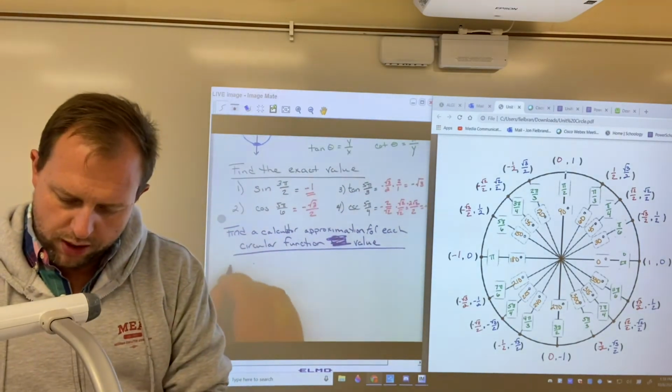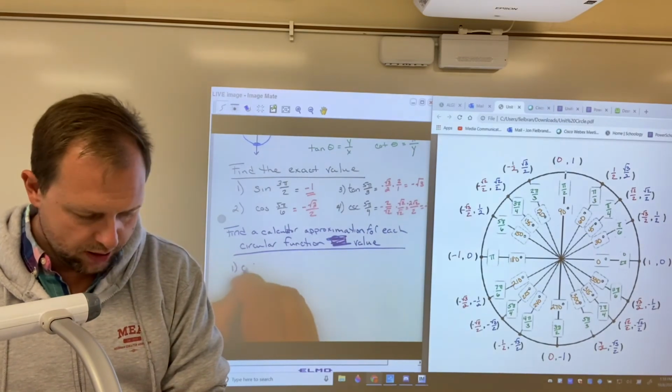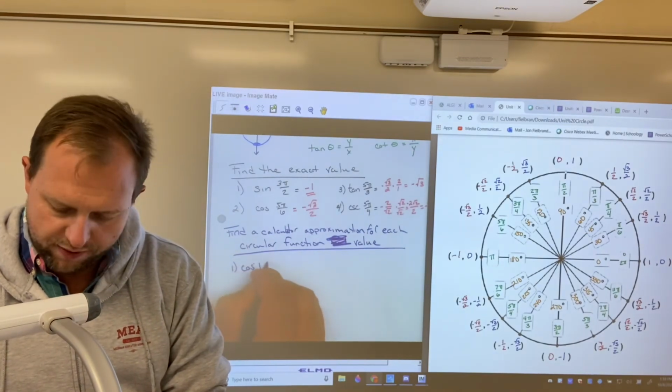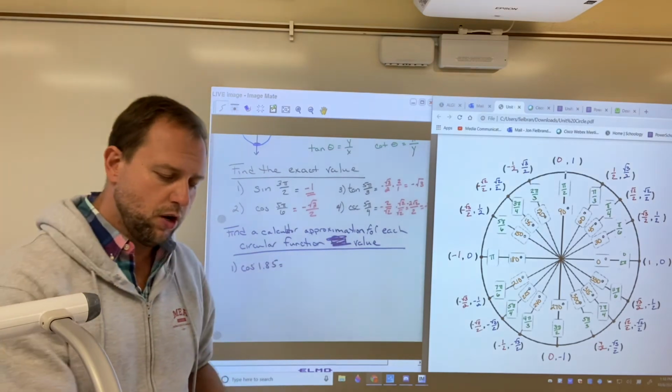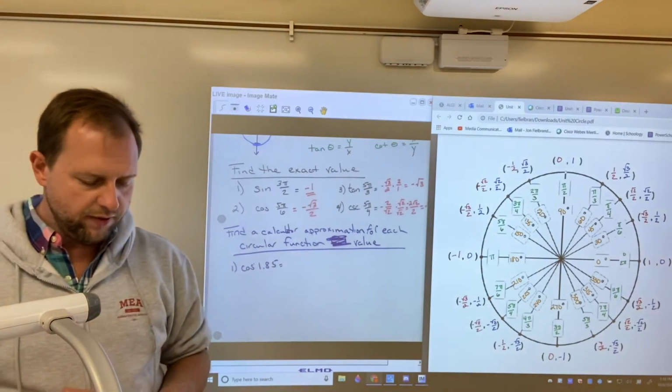For number 1, if I do cosine 1.85, I'm going to type that in the calculator. Cosine 1.85, enter.